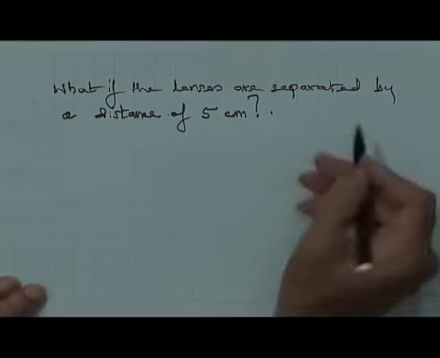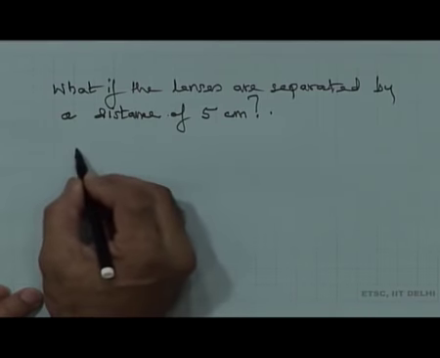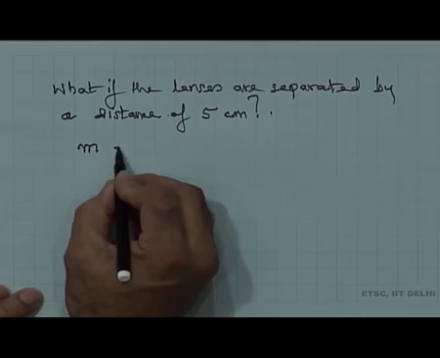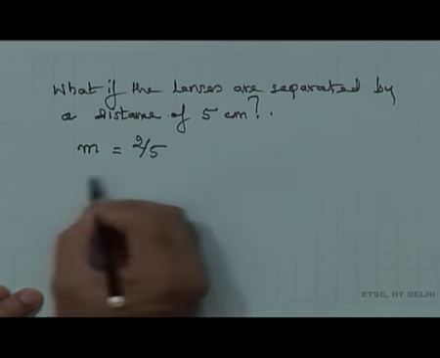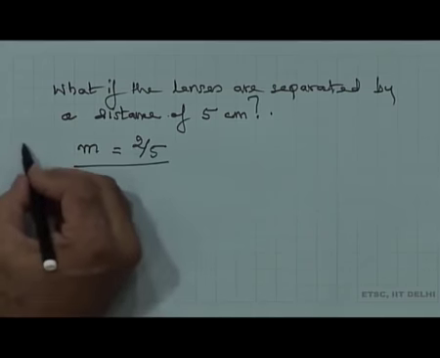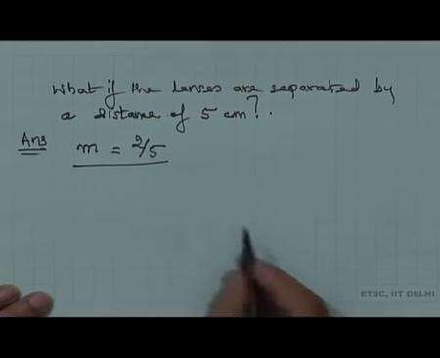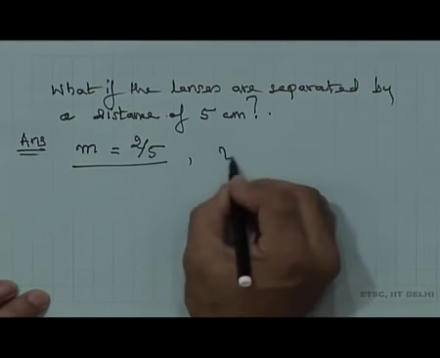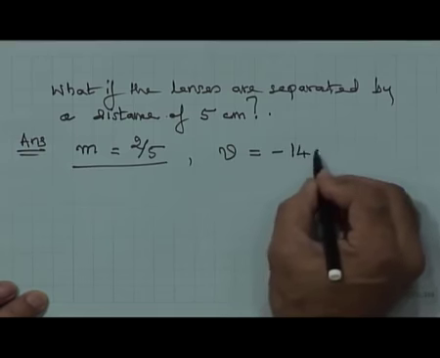I have worked it out, so let me give the answer. In this case the magnification m would come out to be 2 by 5. Earlier we got 1/3. And V, the position, would come out to be minus 14 centimeters.